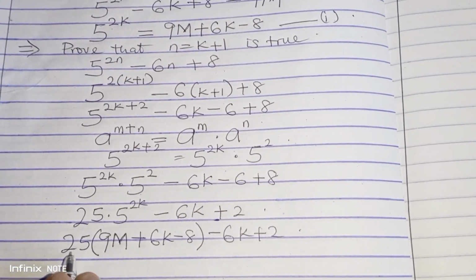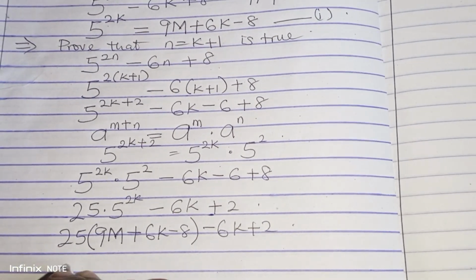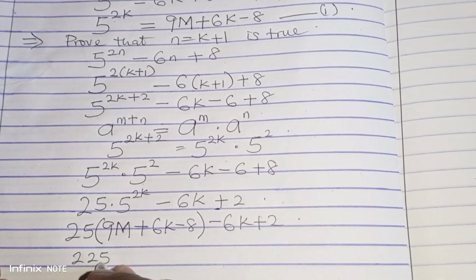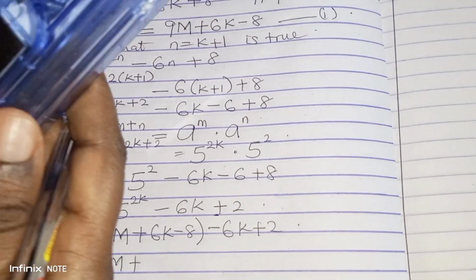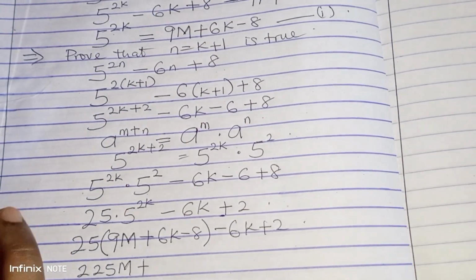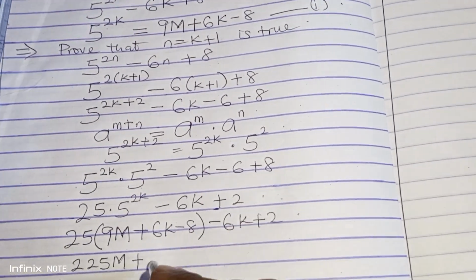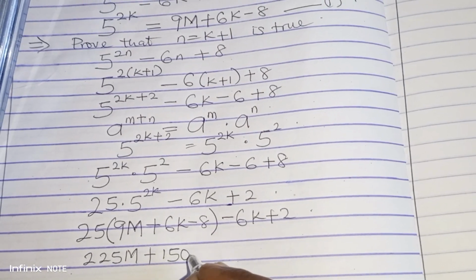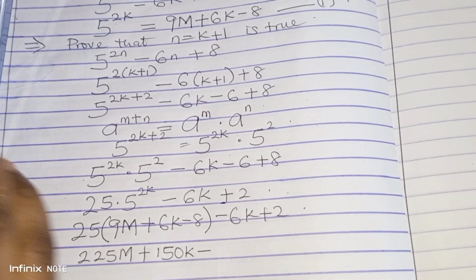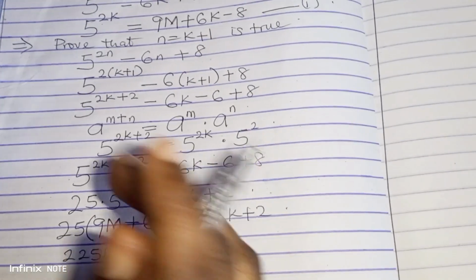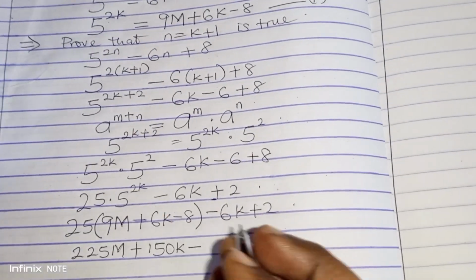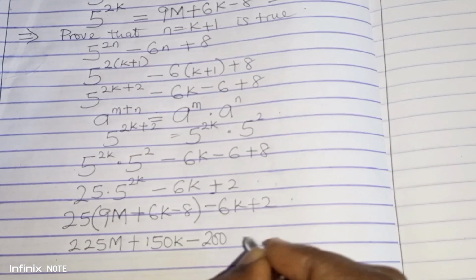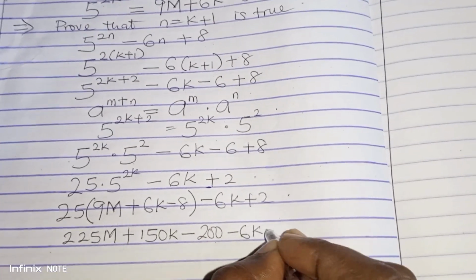I have 25 multiplied by 9m, that is 225m, plus 25 multiplied by 6k, that is 150k, minus 8 multiplied by 25, that is 200, minus 200, then minus 6k plus 2.